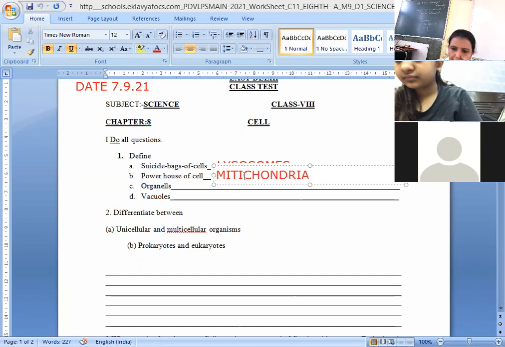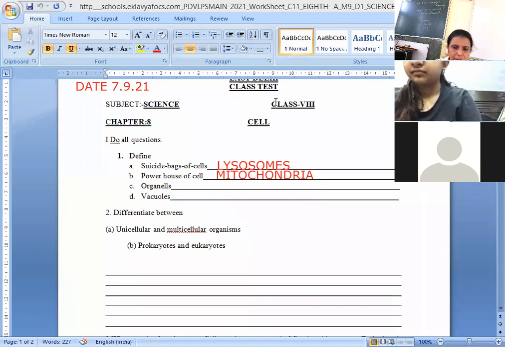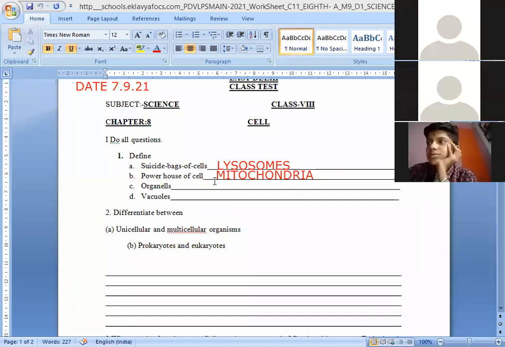Mitochondria is known as a powerhouse of a cell. Why is it known as powerhouse of a cell? Can I have the answer? Because it releases energy in the form of ATP. That's why it is known as powerhouse of a cell.